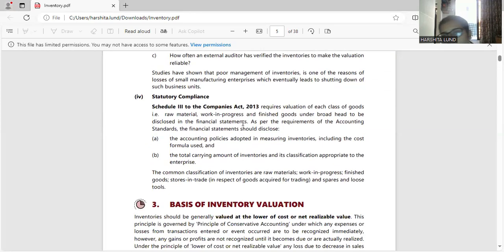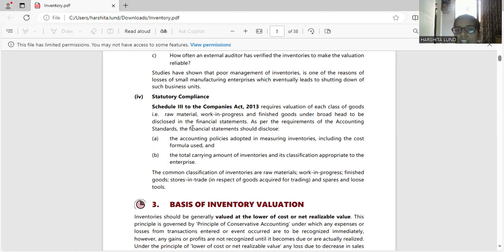Schedule 3 to the Companies Act requires valuation of each class of goods to be disclosed in the financial statements. This basically talks about presentation and disclosures. Each and every item has to be disclosed separately, for example raw materials, work in progress, finished goods, stores and spares.